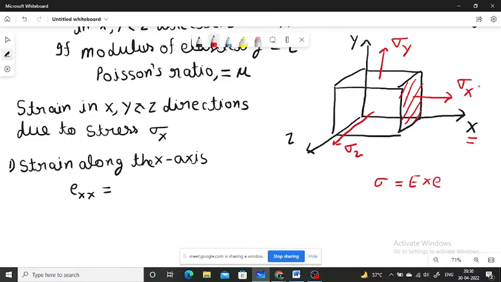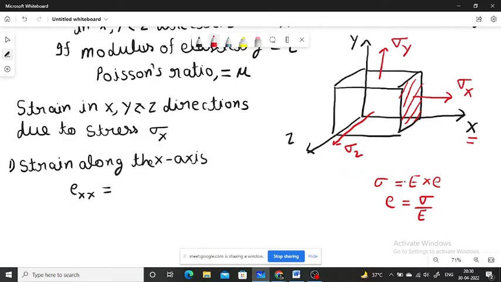If stress is perpendicular to any surface, in that case the strain along, or parallel to, the direction of the stress is equal to the stress upon modulus of elasticity.